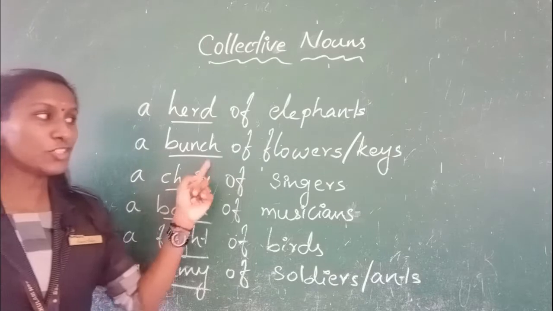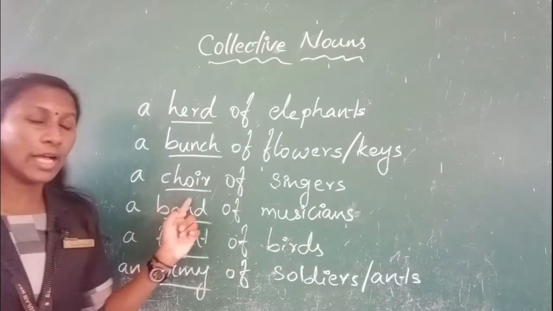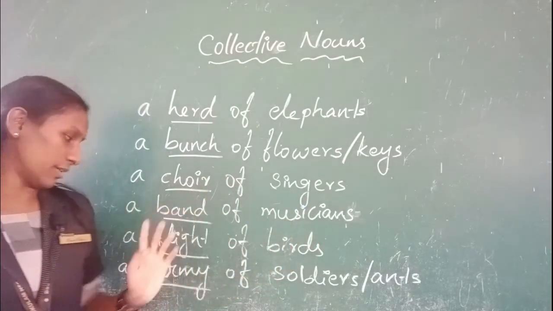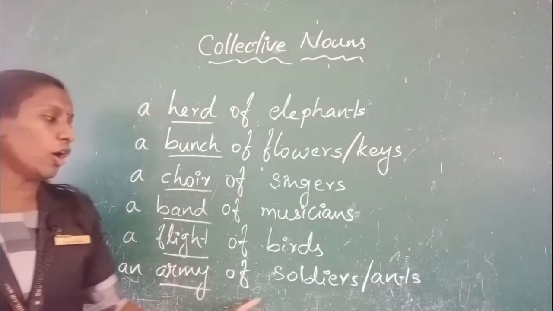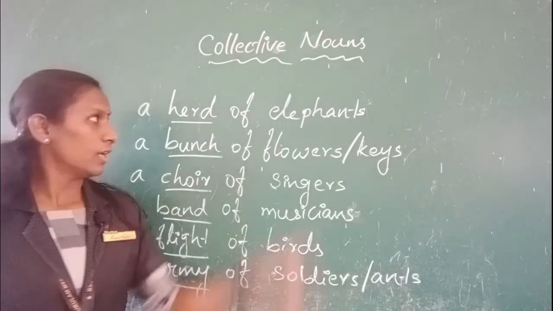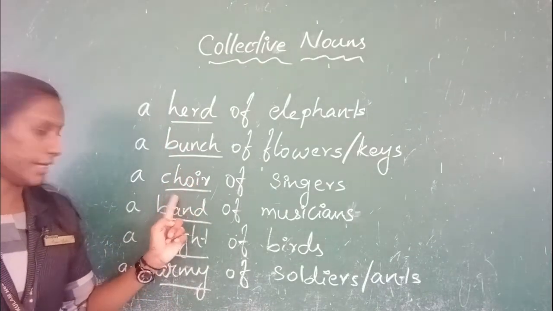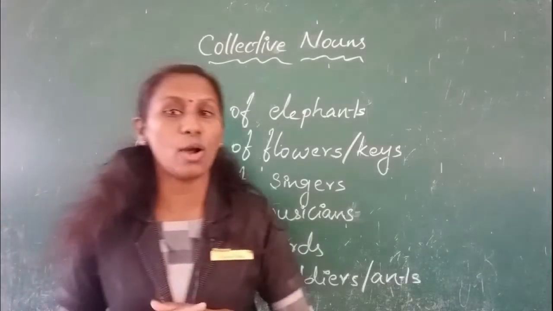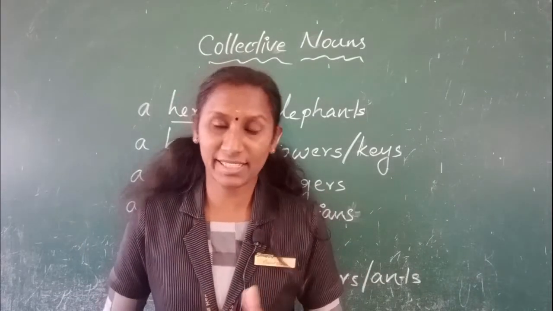Likewise, a bunch of flowers or a bunch of keys, a choir of singers, a band of musicians, a flight of birds, an army of soldiers or an army of ants. All these underlined words, that is herd, bunch, choir, band, flight and army, are collective nouns which show a collection of things. Hope you understood about collective nouns.